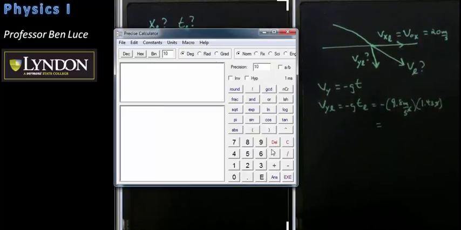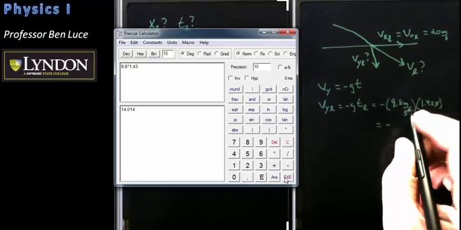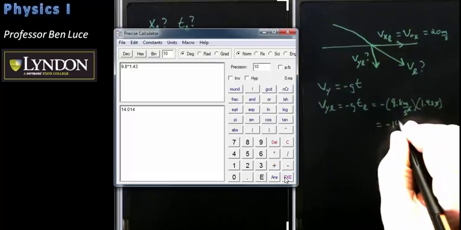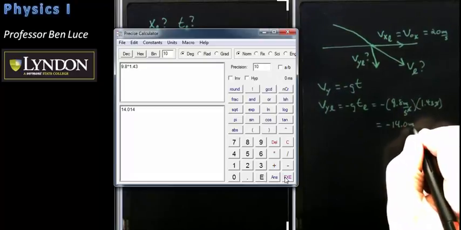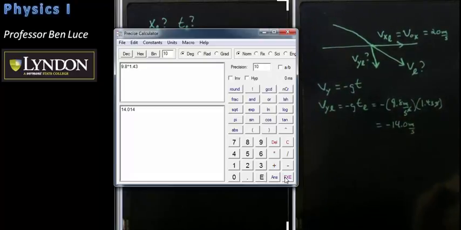So we have a minus 9.8 times a 1.43, and that's going to give us, to 3 sig figs, minus 14.0 meters per second.